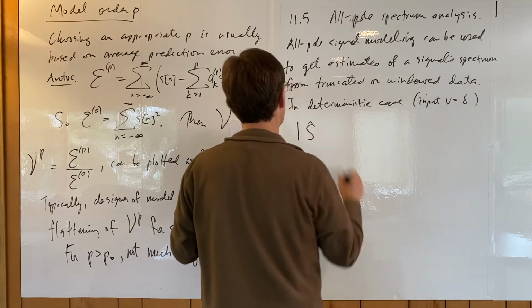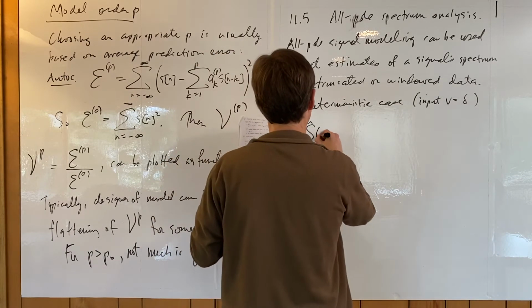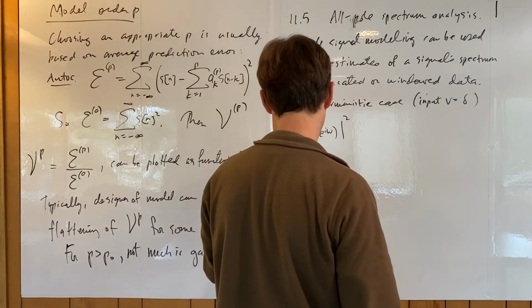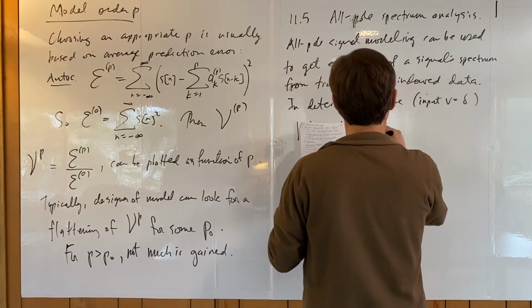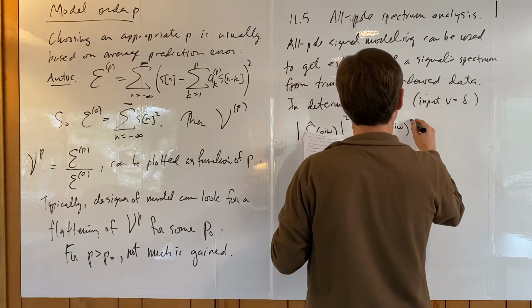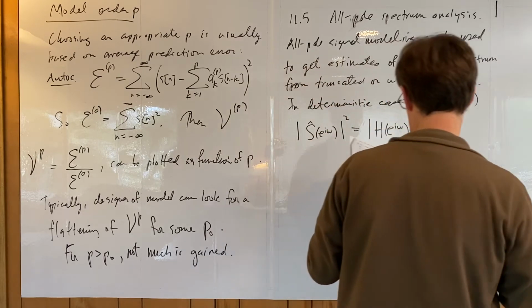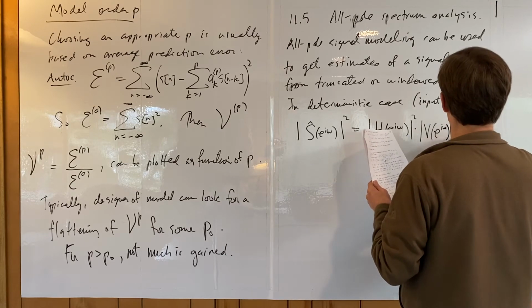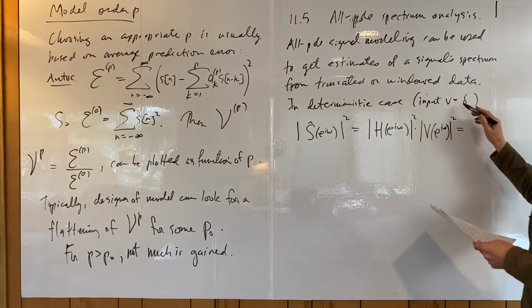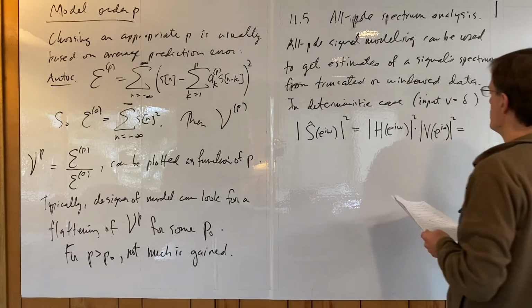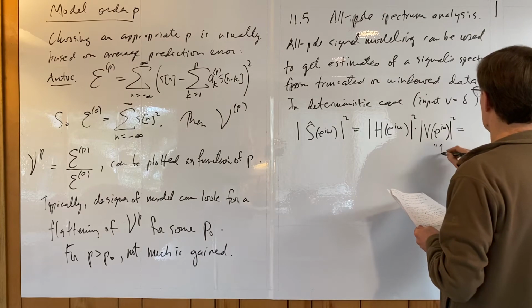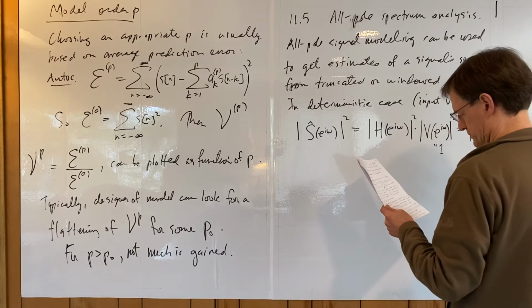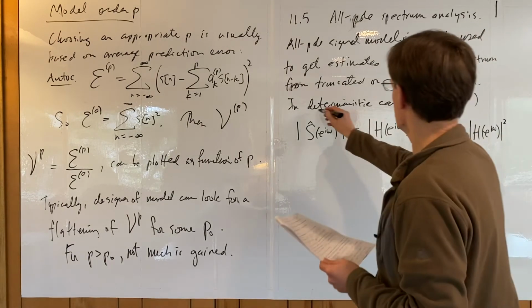If we take S hat of e to the i omega, this is now the Fourier transform, so frequency content, this is given by |H(e^{iω})| squared, and then the input signal V, also the spectrum of that, |V(e^{iω})| squared, which of course for the delta impulse, right, this is just going to be 1, and so this whole thing is just |H(e^{iω})| squared. So that's in the deterministic case.